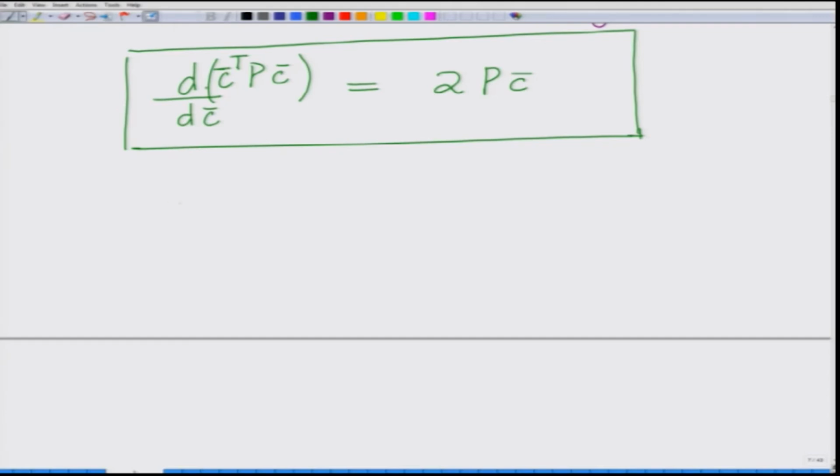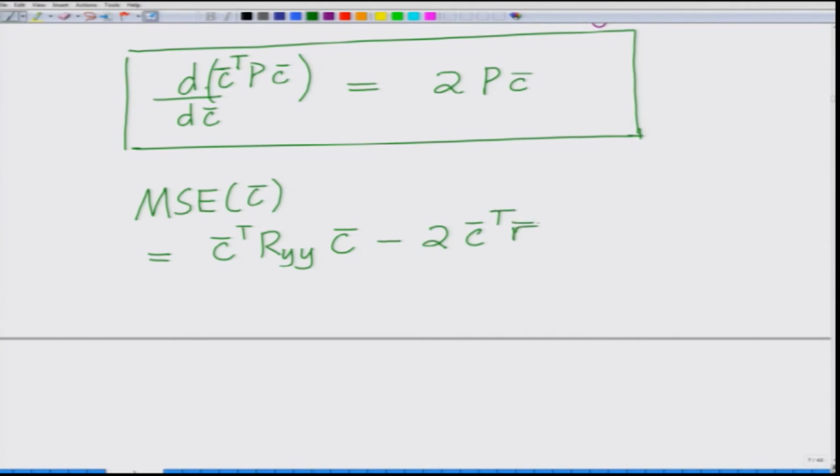Okay. So now if you look at our MSE as a function of c bar, recall we have already derived this previously. The MSE as a function of c bar is equal to c bar transpose R y y c bar minus twice c bar transpose R bar y h plus R h h.